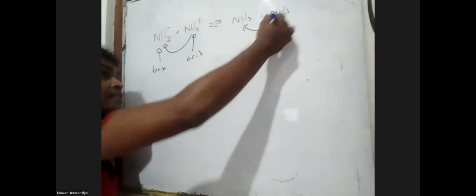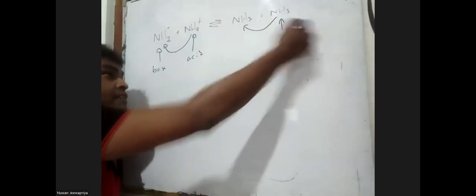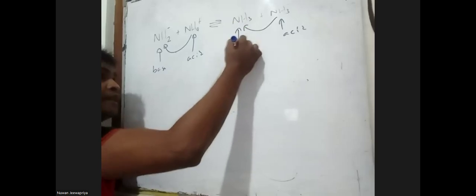Any one of that is acid, and the other one is base. So which are acting as bases? NH2 minus and ammonia are acting as bases. So the answer for the sixth question is C, right?